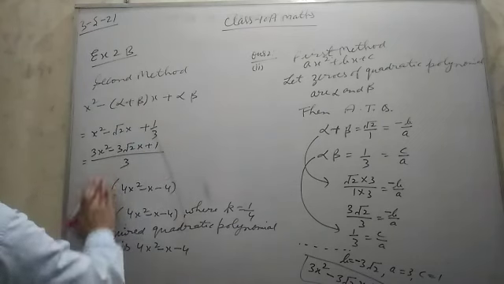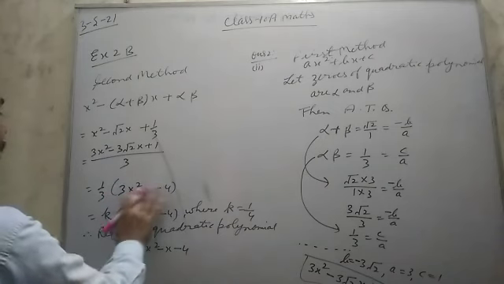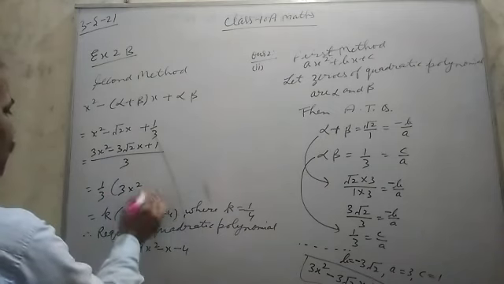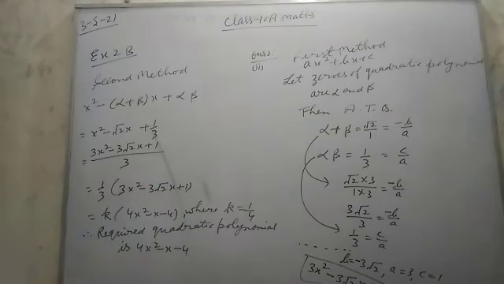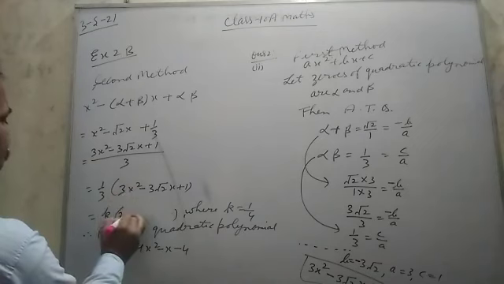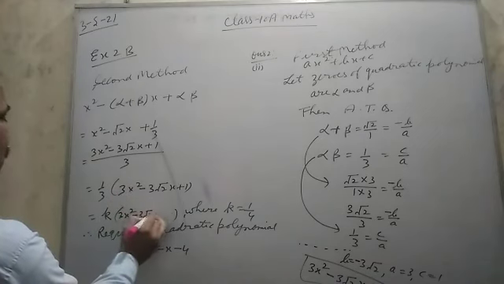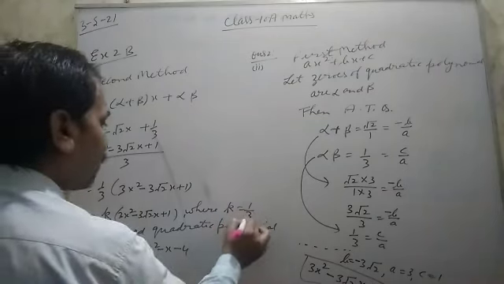So here 1 by 3. This will be 3x square minus 3 under root 2 x plus 1. Then k, remaining things the same as that: 3x square minus 3 under root 2 x plus 1, where k is 1 by 3.